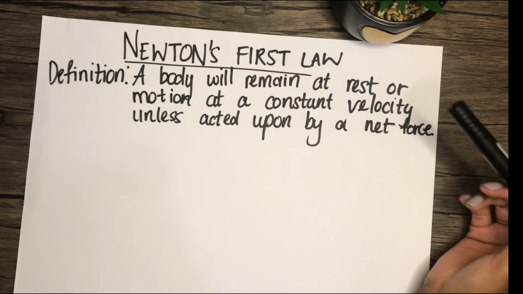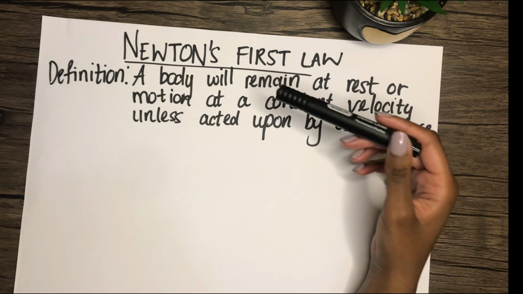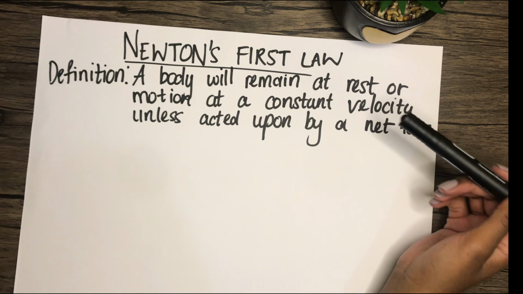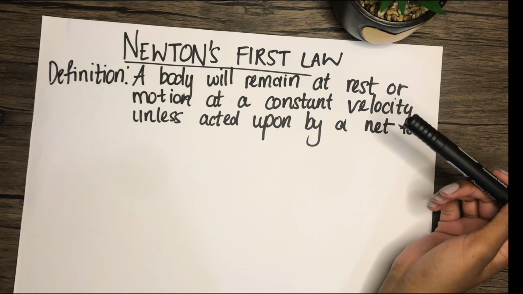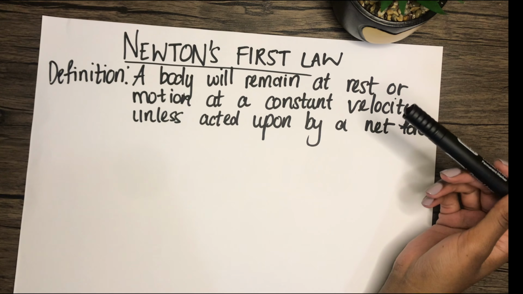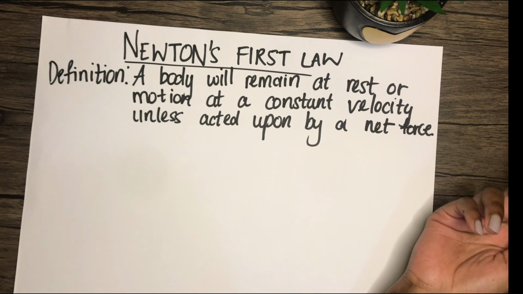The definition says that a body will remain at rest or in motion at a constant velocity unless acted upon by a net force. In some instances, it says net/resultant force, which is the same thing.